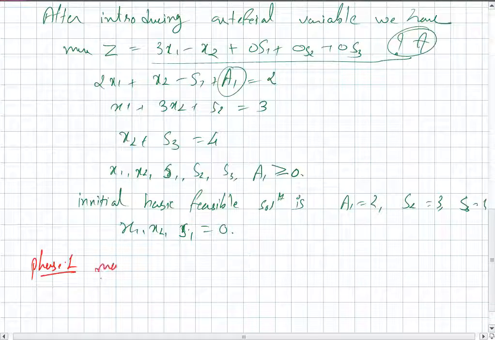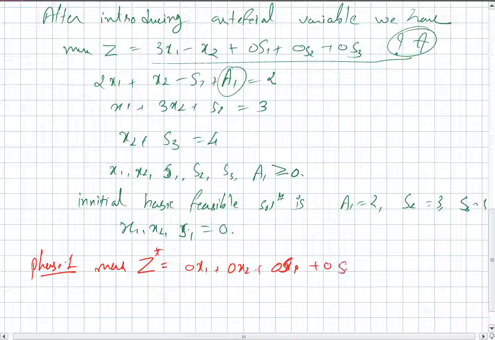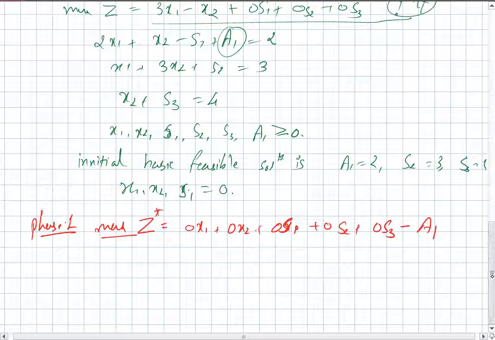In that we will consider maximize Z* = 0x1 + 0x2 + 0s1 + 0s2 + 0s3 - a1, where the artificial variable's coefficient is -1, since our problem is of the maximizing form. Now we will write down the simplex table.